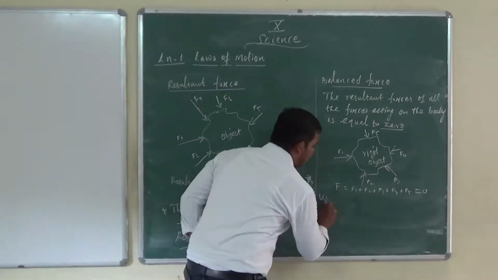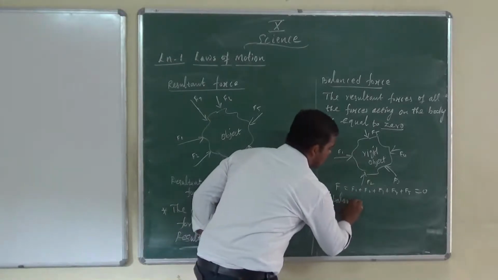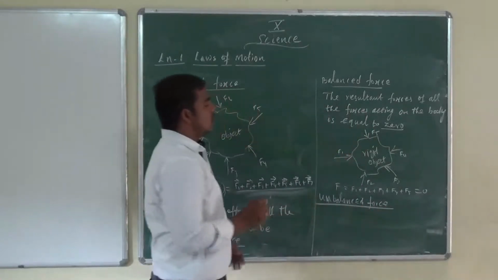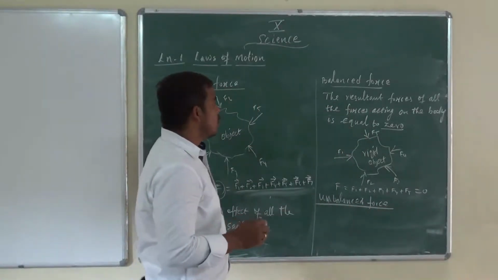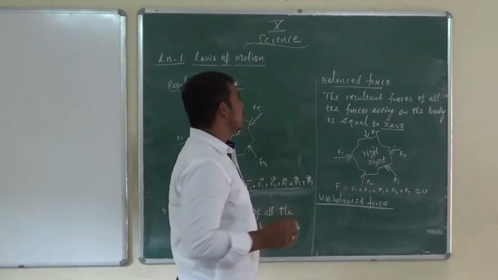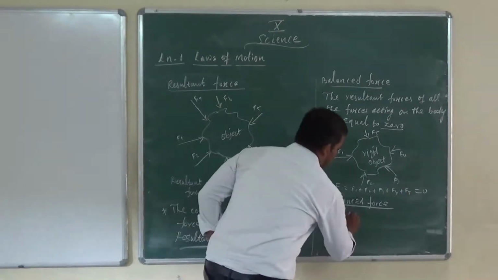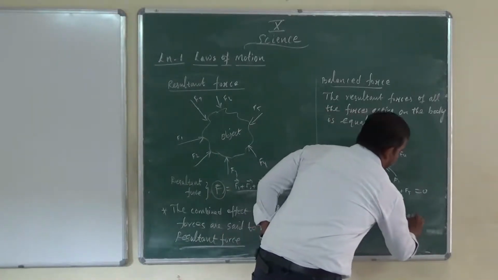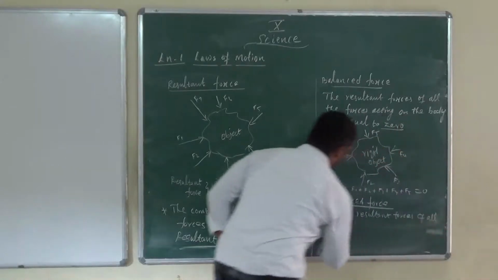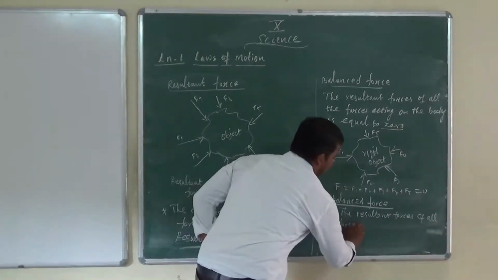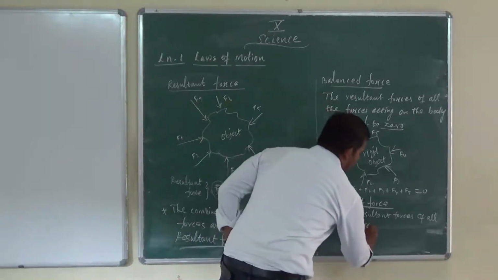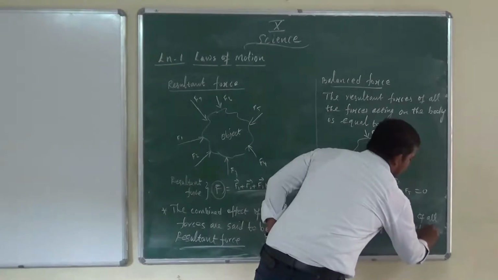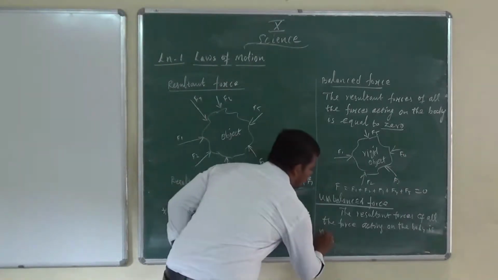Next, unbalanced force. What is that? The same sentence we have to repeat: the resultant force of all the forces acting on the body is not equal to 0.